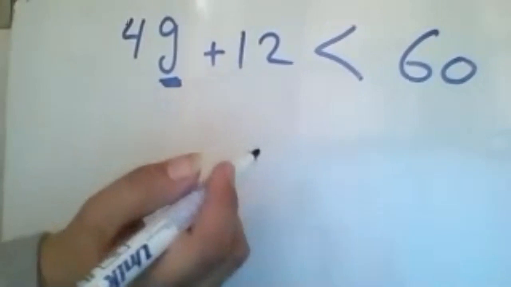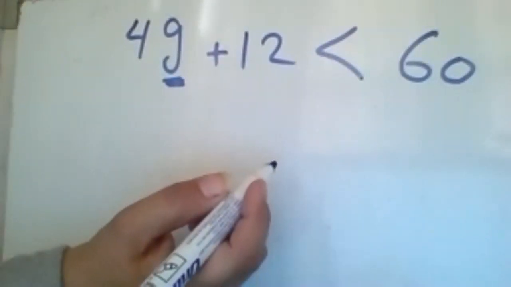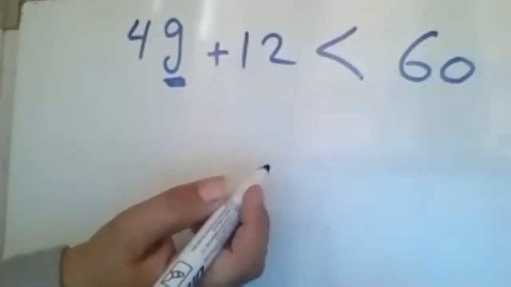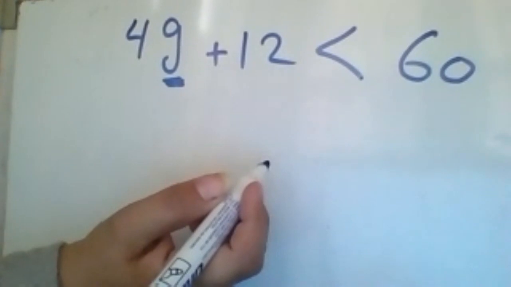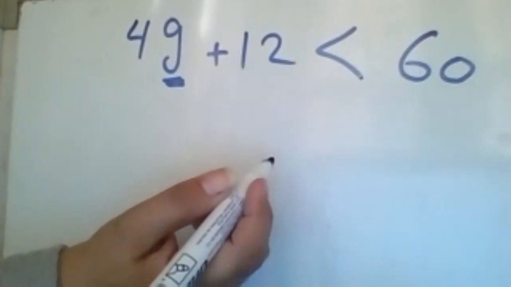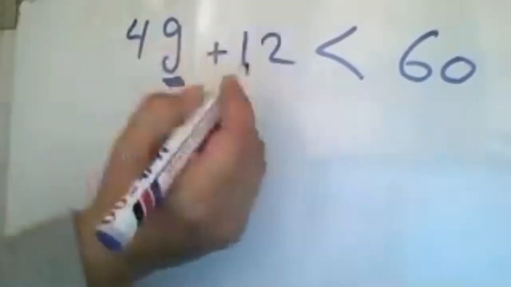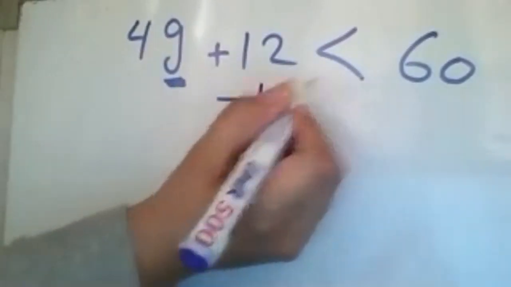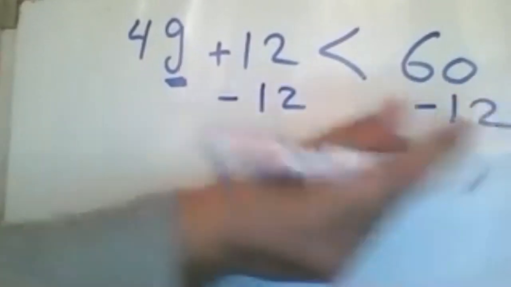Yes, Kareem. We will add negative 12, which represents the additive inverse of 12. So we add negative 12 to both sides.